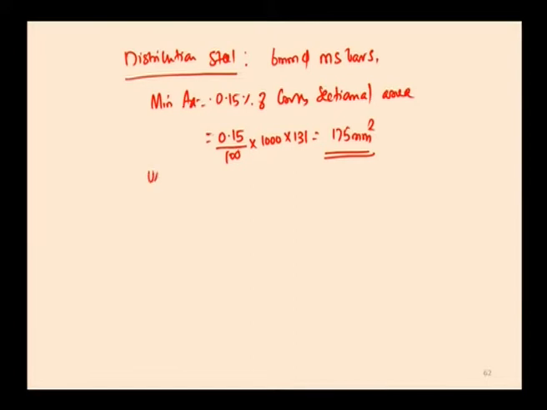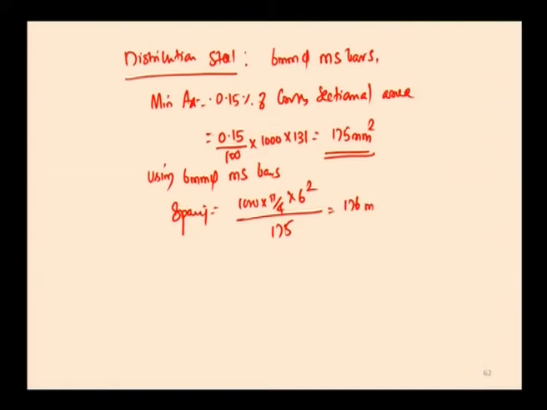Now, using 6 mm dia MS bars, spacing of reinforcement is 1000 into pi by 4 into 6 square divided by 175, which is equal to 176 millimeters. Okay.